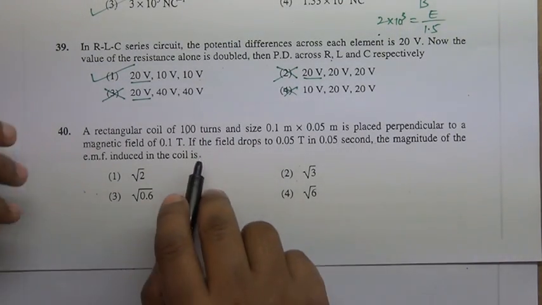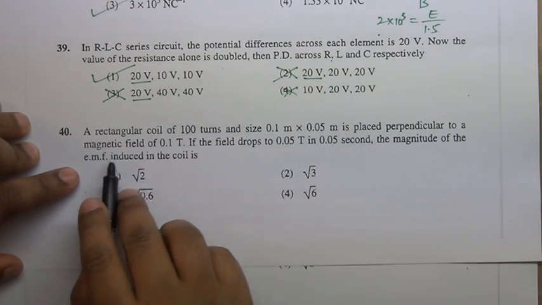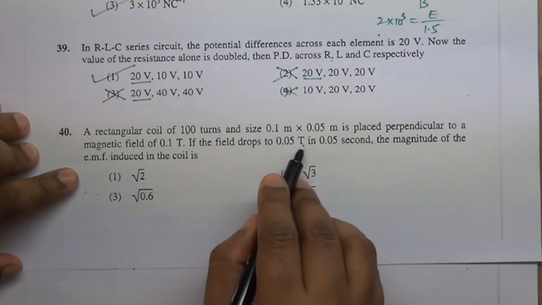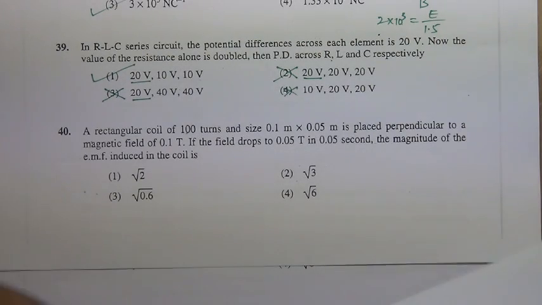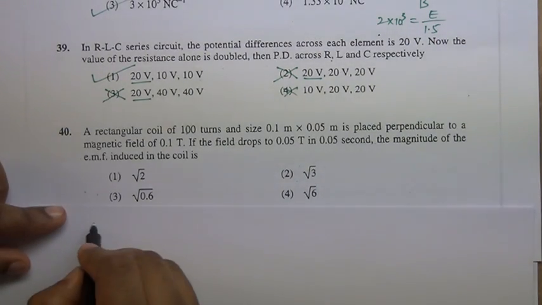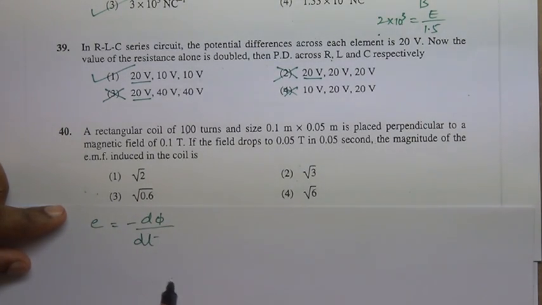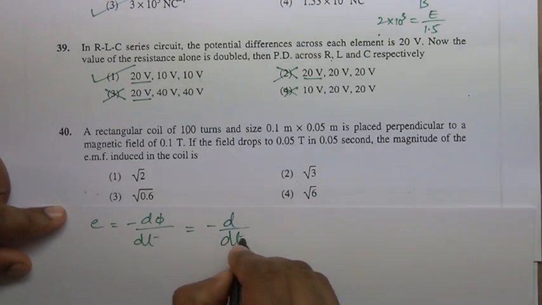A rectangular coil of 100 turns and size 0.1 is placed perpendicular to a magnetic field. If the field drops to 0.05 Tesla in 0.05 second, the magnitude of the EMF induced in the coil is, okay, EMF equals minus d phi by dt.